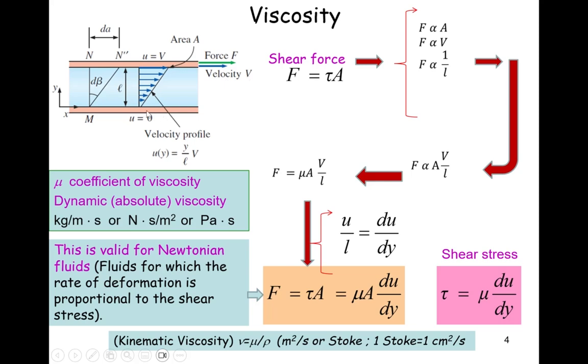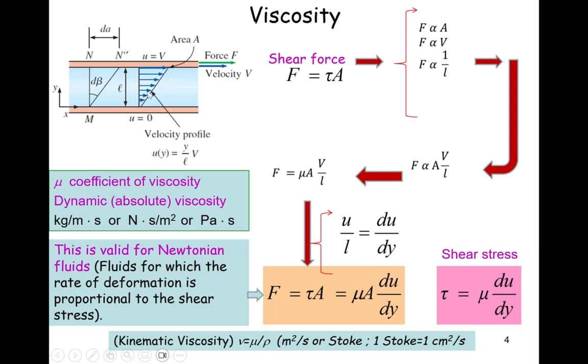Then what we said before is that the fluid adjacent to the bottom plate has zero velocity, so the velocity here would be 0, and then the velocity of the particles adjacent to the upper surface is the maximum velocity, the velocity that the upper plate is moved with.